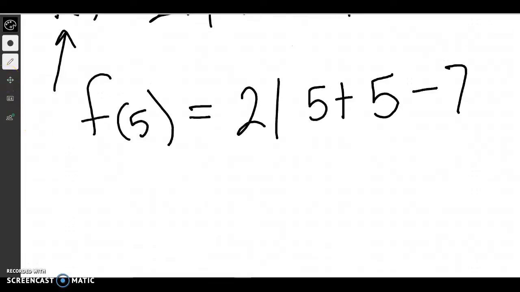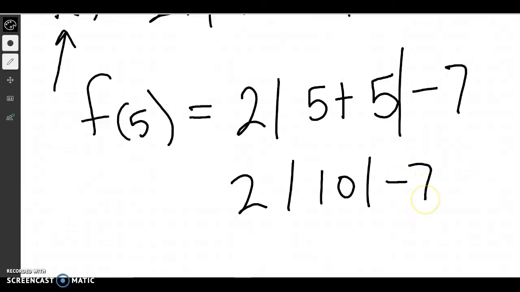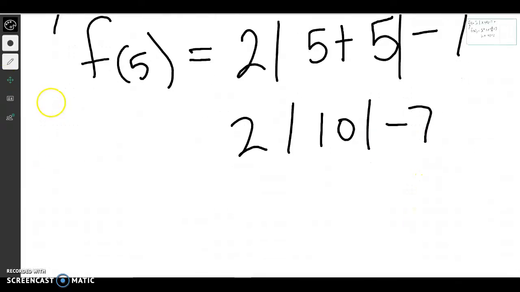After plugging in that 5, whoops, forgot my other absolute value sign, we'll just go order of operations. So first thing, do what's inside the parentheses or absolute value. So that would be 10 minus 7. Then the absolute value of 10 would be 10.